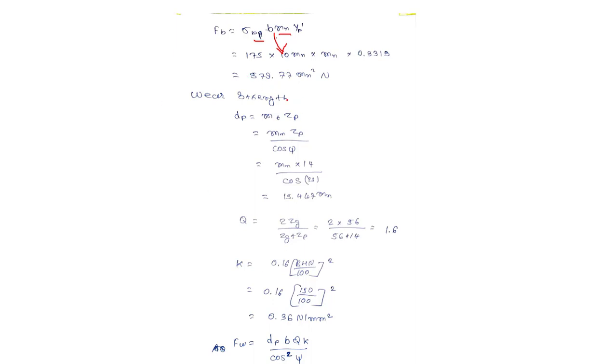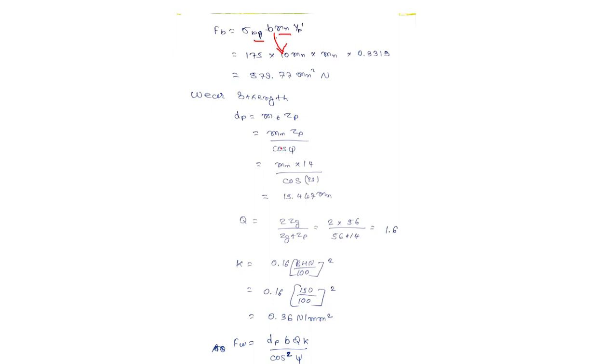Now for the wear strength we need dp. dp is equal to mt into Zp, and we already know that mt is equal to mn upon cos psi. We already discussed this in the terminology.